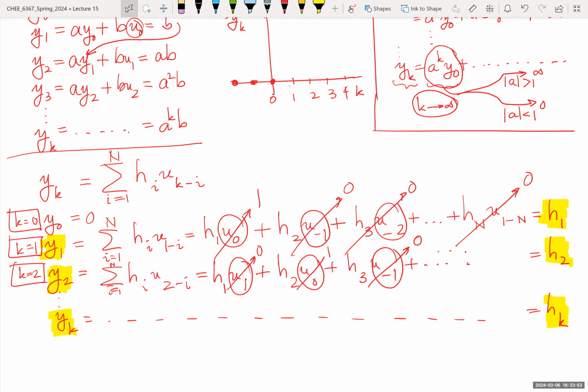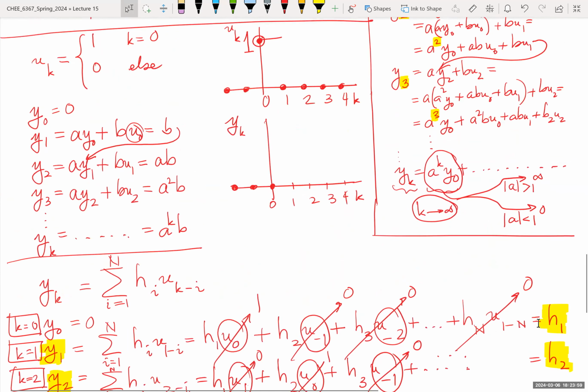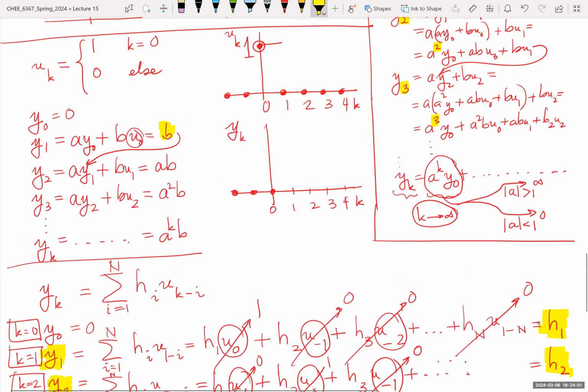And it turns out that those coefficients can be used for any system, such as a first order system, for which we found the correspondence between H1, H2, H3, etc., H_k. So for a first order system, this is H1, this is H2, this is H3, all the way through H_k.